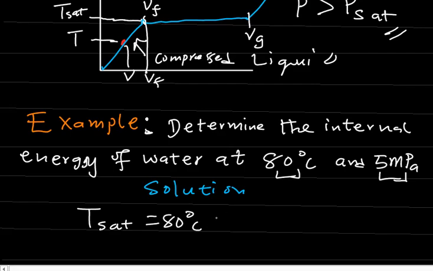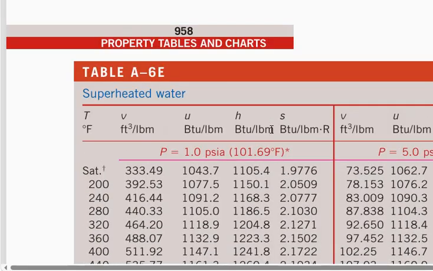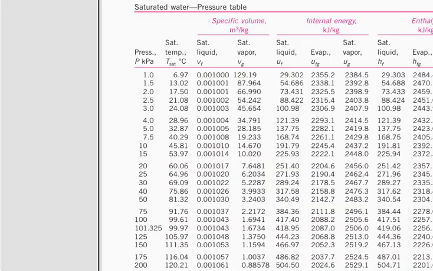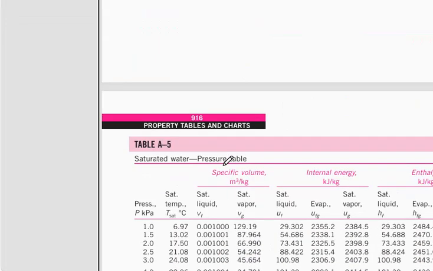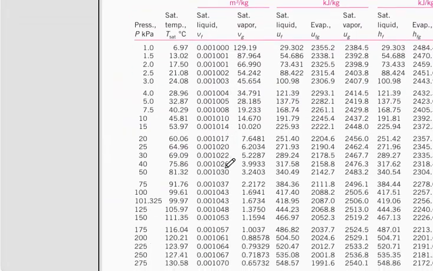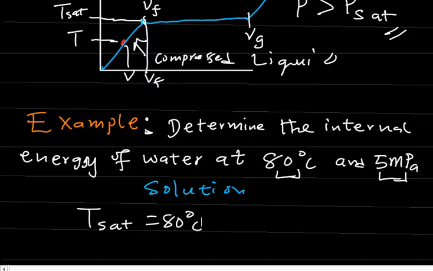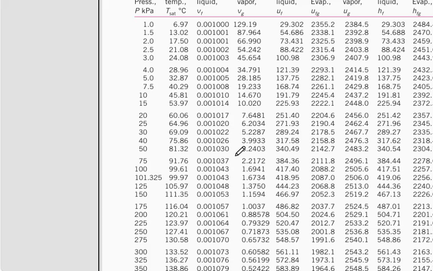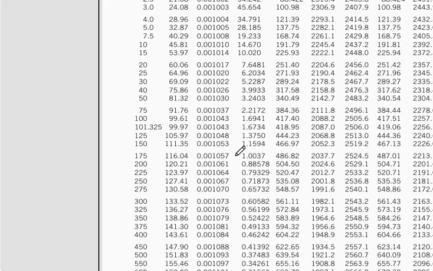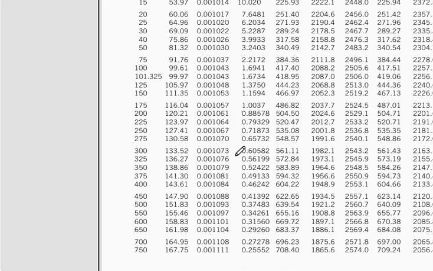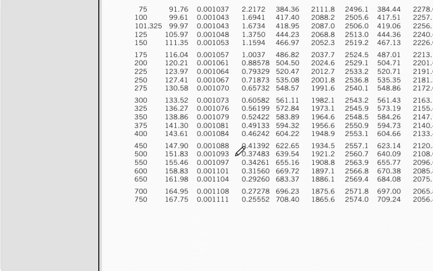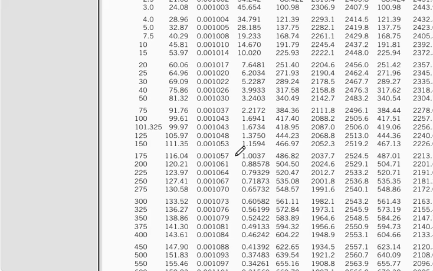We are going to check exactly what the pressure is. Let's go to our saturated liquid water table, the temperature table, at a temperature of 80.